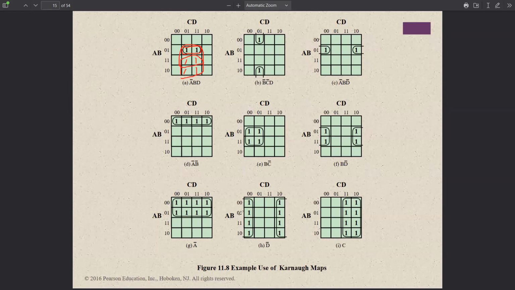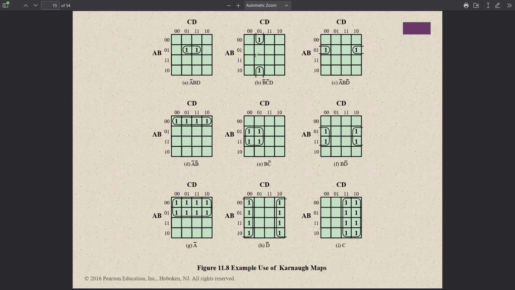Otherwise, it's wrong. If you circle these 4 into one group and only these 2 into another group, then that answer is wrong. You need to circle the maximum number of elements into a group, right? So you need to keep that in mind as well. That is the first rule.